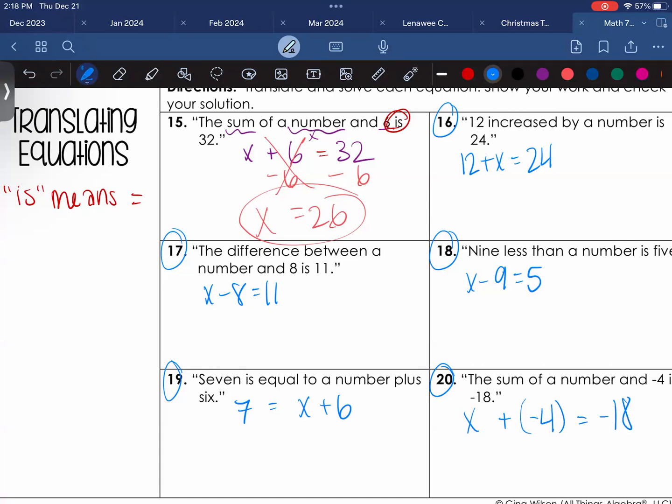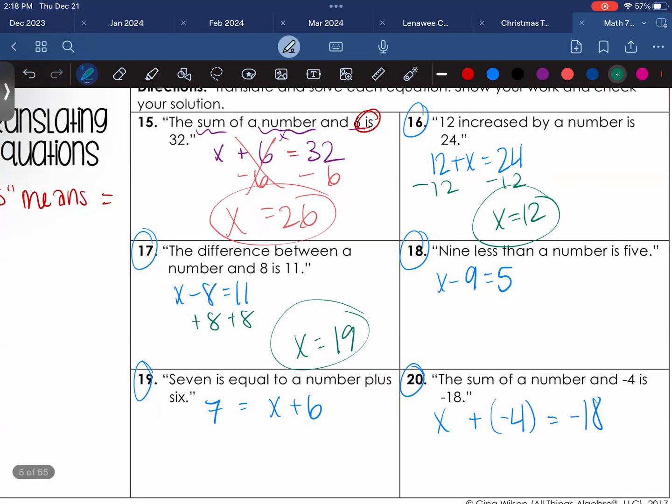If you did not set those up correctly, make sure you change that now and then erase and try to solve for x again. All right, so number 16, you should have subtracted 12 from both sides and you would get x equals 12. Number 17, you would have added 8 to both sides, so you get x equals 19. Number 18, you should have added 9 to both sides, so we get x equals 14.